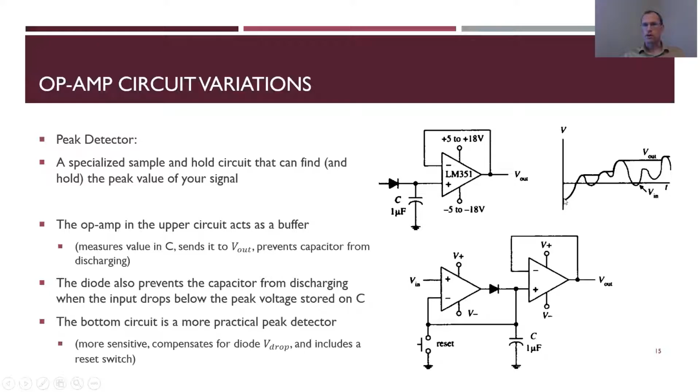So down here, this is the biggest number, then this is the biggest number, Vin goes down, but V out keeps the biggest number, then it gets a little bigger, so it keeps that one, and so on. So again, you see it's always going to keep the biggest voltage, and a more realistic peak detector circuit is shown there.